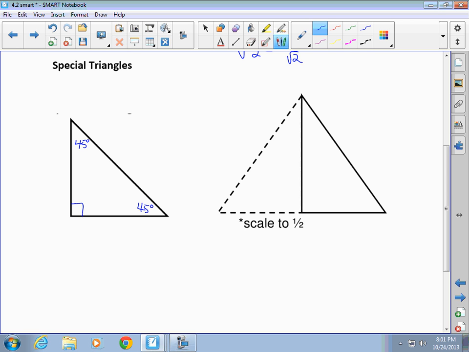And if you remember when we talked about it before, we did this as values of 1, 1, which meant that the hypotenuse was the square root of 1 plus 1, which is square root 2.